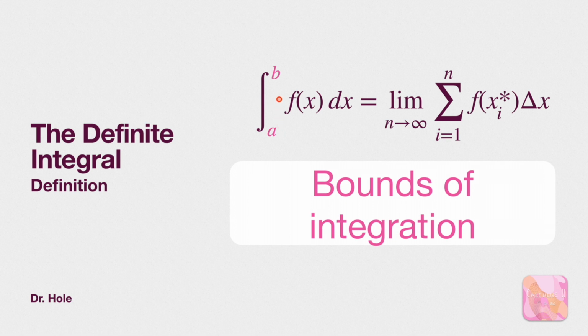Let's focus on those next. Those values a and b are referred to as bounds of integration or limits of integration. So in this expression, there is a variable. The variable is x, and these bounds of integration are indicating bounds of the variable of integration x.